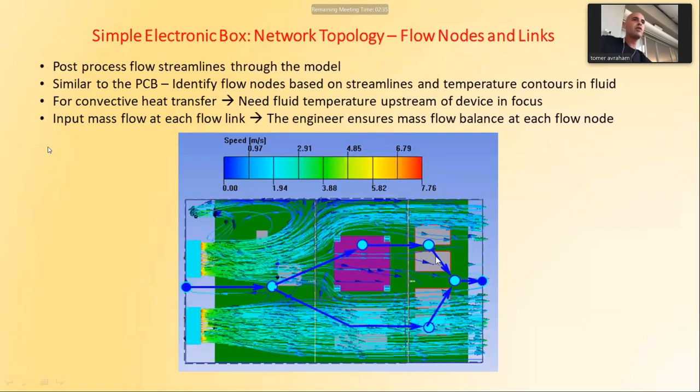But we also have flow links wherever we find it important. Maybe we don't even find important what happened in here. Maybe we can represent it by this node here. But these are flow nodes and links.